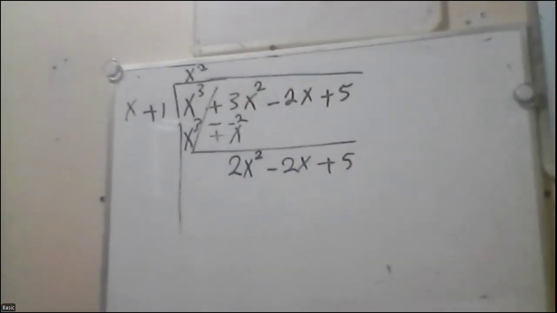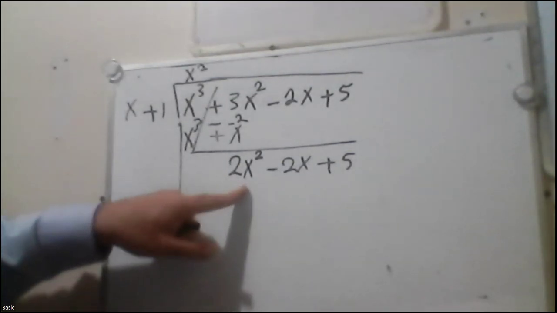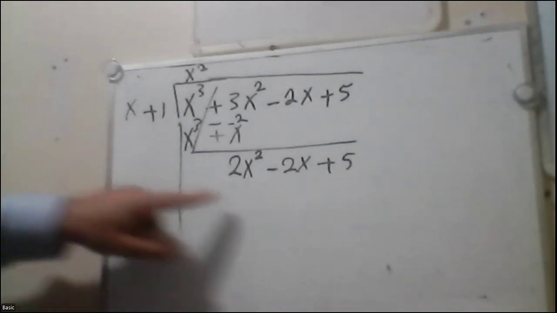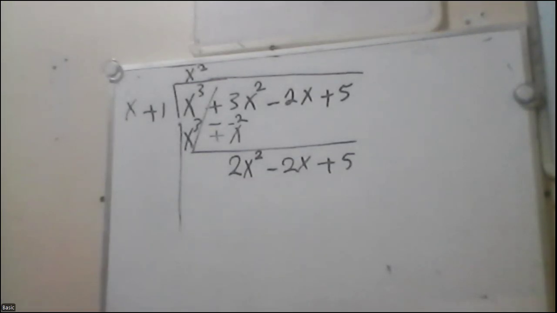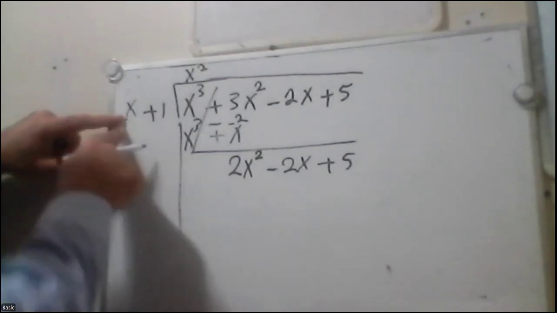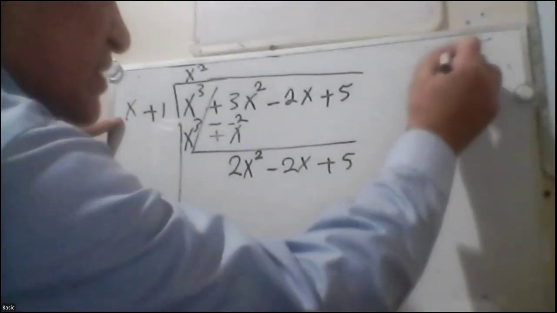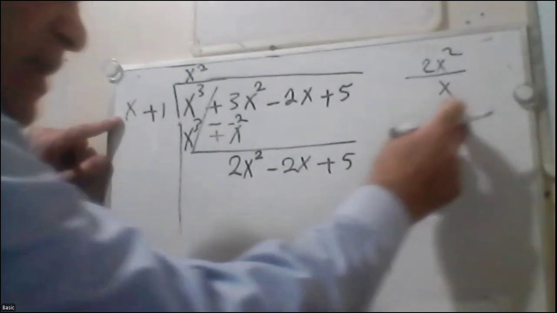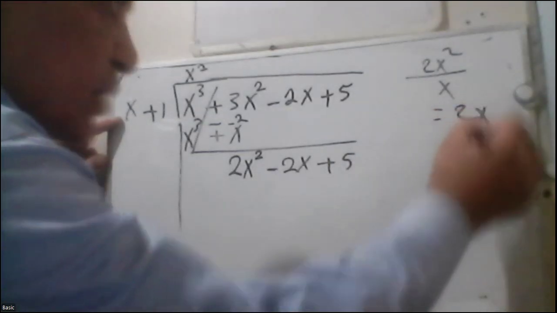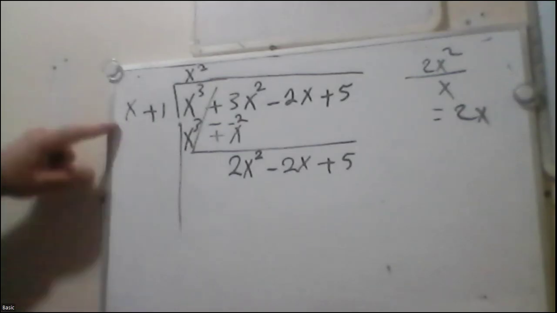Cool, guys? Now I will divide 2x squared by x. When we divide, we subtract the powers, so it will equal 2x.